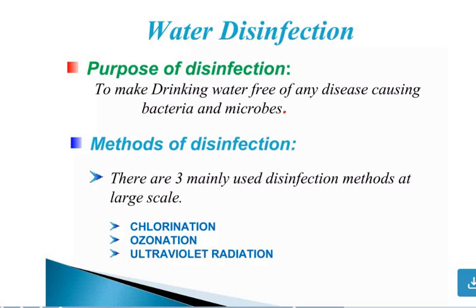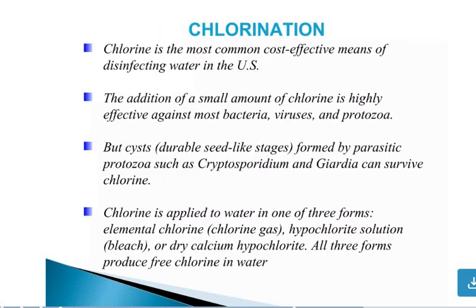Remember: chlorination, ozonation, and ultraviolet radiation. What is the meaning of chlorination? Chlorine is the most common cost-effective means of disinfecting water in the US. The addition of a small amount of chlorine is highly effective against most bacteria, viruses, and protozoa.